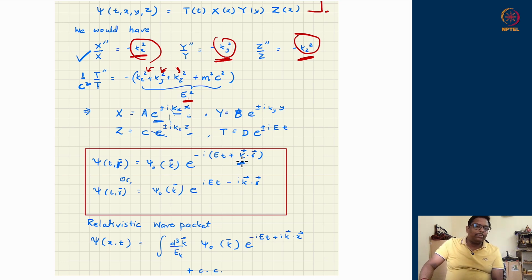The vector k's components along x, y, z will be decided by what constant you have chosen for kx, for ky, and for kz. So any constants or any signature, together they will generate some spatial vector k. All the sign differences which appear differently can be captured by some k.